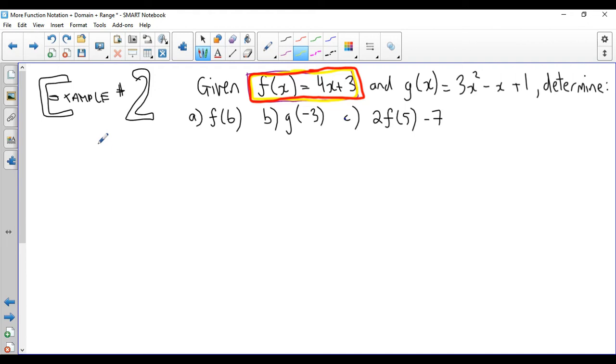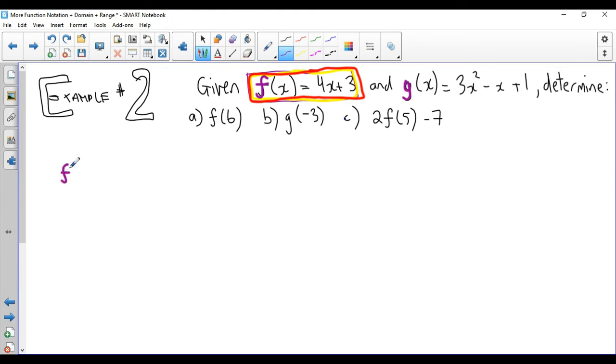So here we're given 2 functions. Now I don't think I've illustrated this kind of example, but notice if I have 2 different functions, I have to change the letter. Here I have f of x, where f is my function. If I have another function, I can't call this one f of x, so we just change it to g of x.